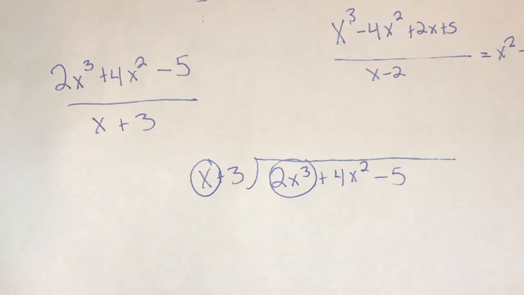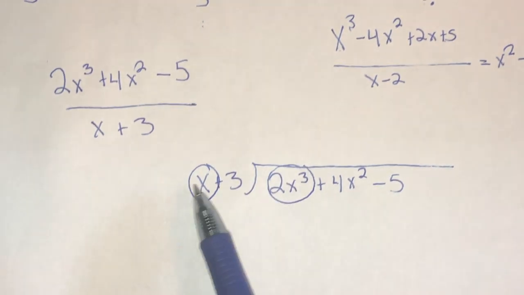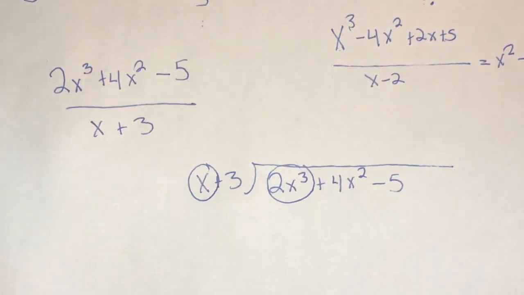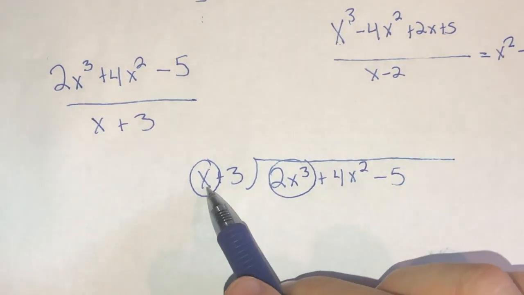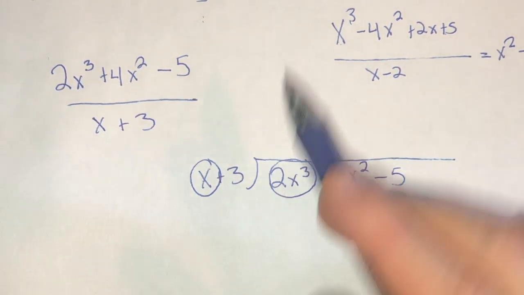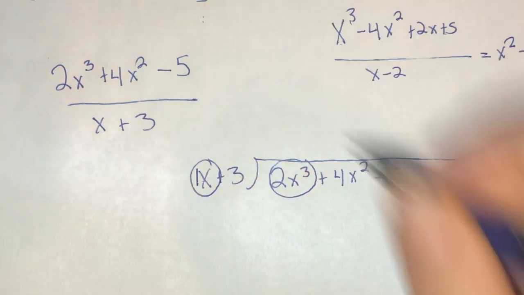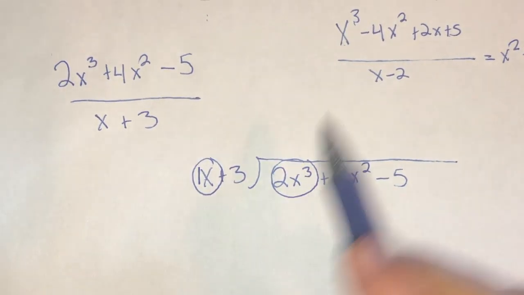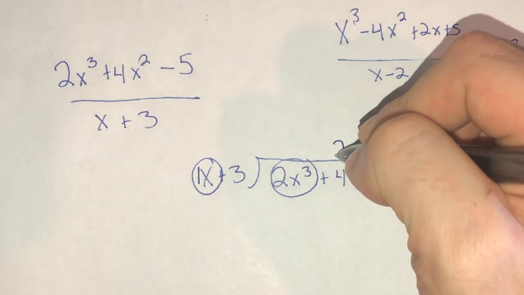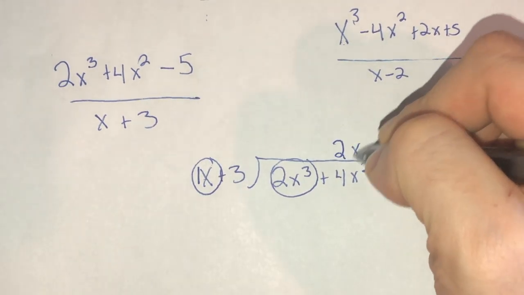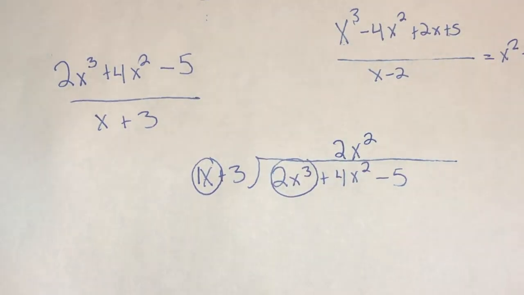What times x equals 2x cubed? Well, I need the 2, because 2 times 1 is 2; we think of this as a 1x. And to get an x cubed, I need an x squared. So I need 2 to get the 2, and x squared to get the x squared.